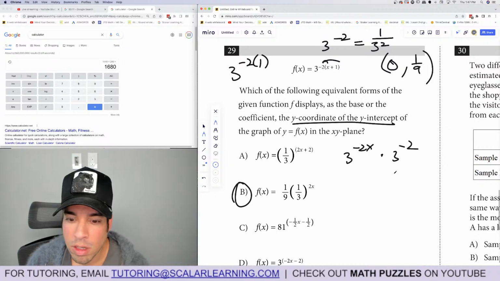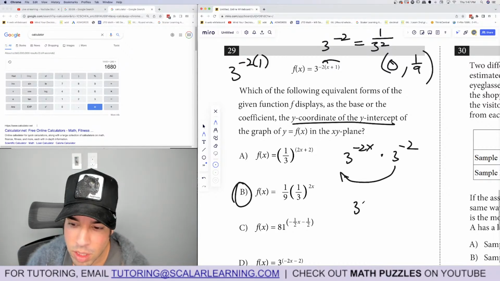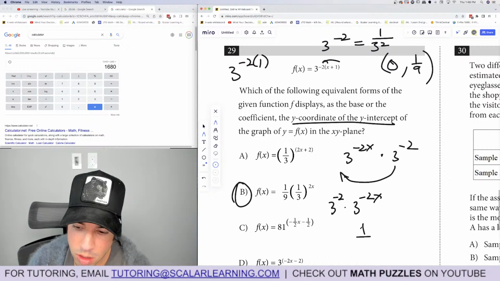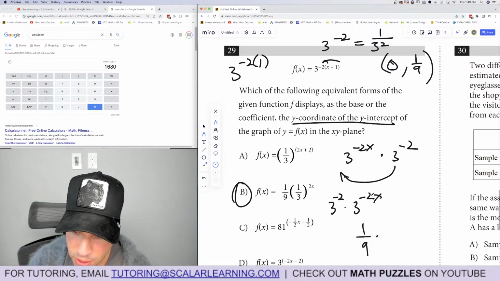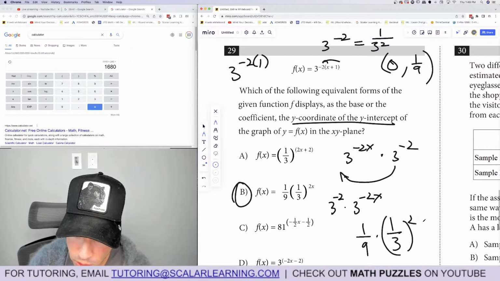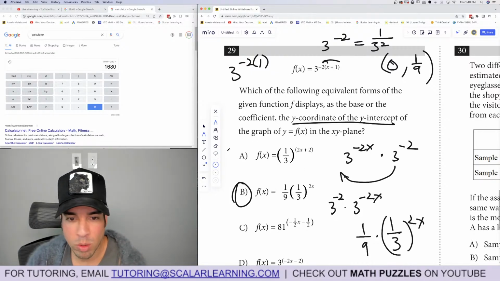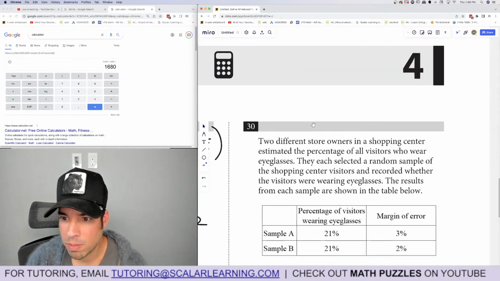So then this one comes out front, and then 3 to the negative 2 becomes 1 over 3 squared, which is 1/9, times, and then when they flip that to a positive exponent by flipping this into 1/3 to the 2x. So it's correct. But anyways, with the 1/9, we knew it was correct regardless.